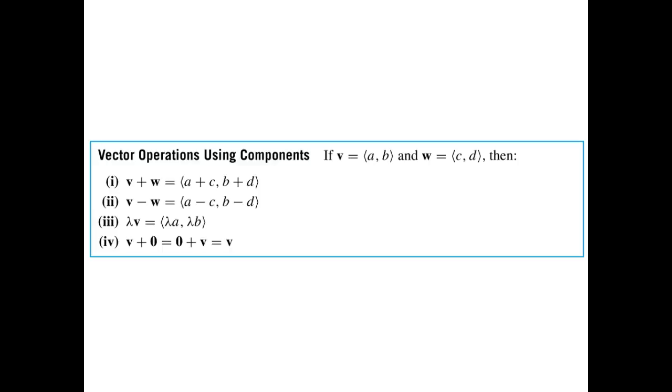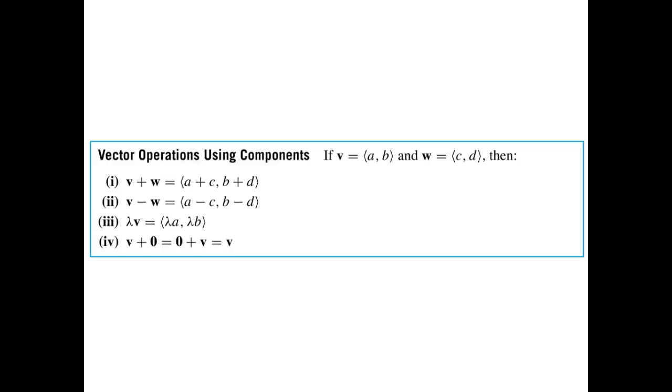Since V is in 2 space, the 0 vector has to be a 2-component, 2-dimensional vector as well. What would be its components? 0, 0. Well, V plus the 0 vector is exactly the same as 0 plus the V vector, which is exactly V, because you're adding 0 to A and B. You still get A and B.